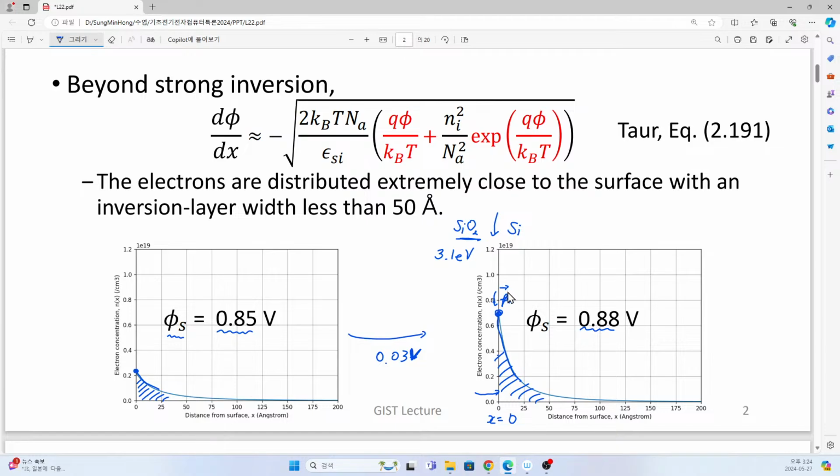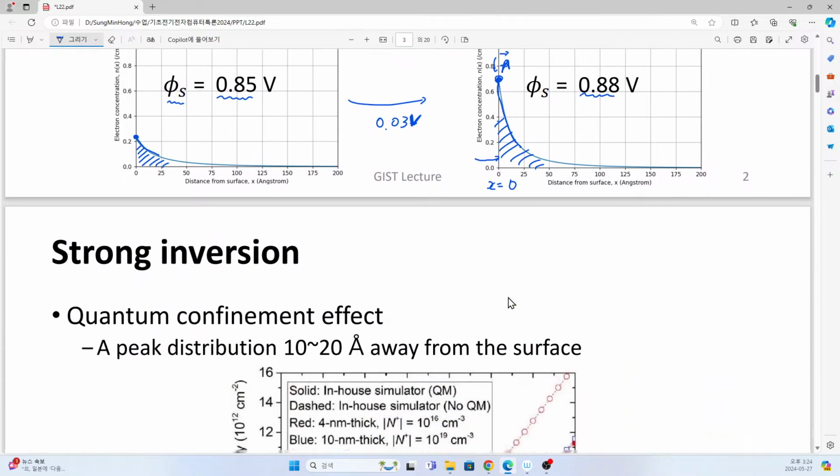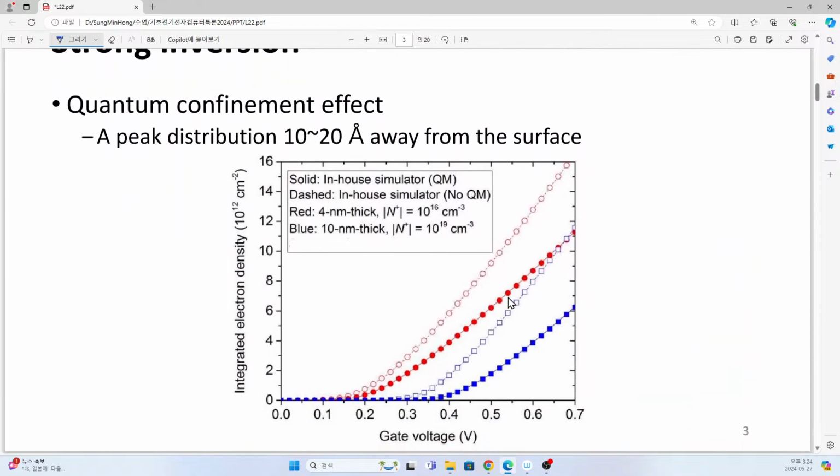So what is the actual consequence of this slight movement of the electron peak from the exact surface a little bit into the substrate? That corresponds to a change of effective capacitance. Please have a look at this calculation result. This curve corresponds to our current approximation, without considering the location of the electron peak.